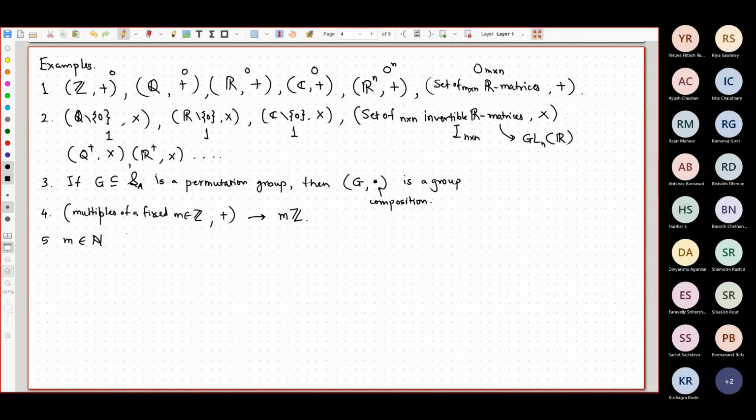What about the set 0 through M minus 1 under addition mod M? This is also a group, where the additive inverse of some number j is M minus j, provided j is not 0. If it is 0, then the inverse is just 0.